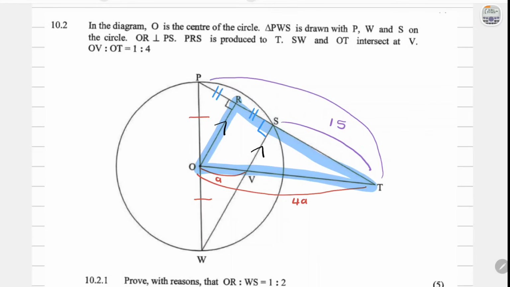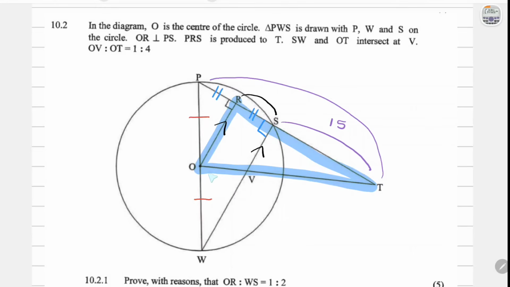So we can actually just change the way we use this. Because we already know these ratios, how about you use it in a way that will actually be helpful to find one of the sides in this triangle so that you can, at the end of the day, find PT. So here's how we can actually use this. Why don't we use it like this? Say RS over ST. And then the way we would use it on this side, because we know this is OV is to OT, as A and 4A, we can actually just use this instead.